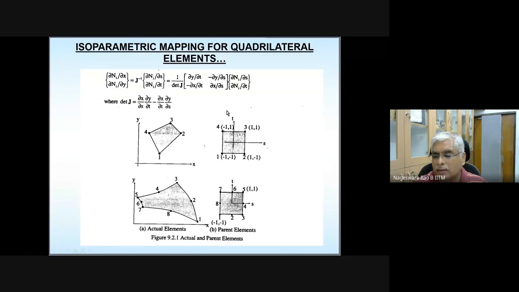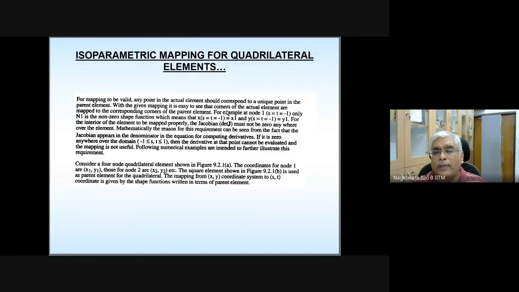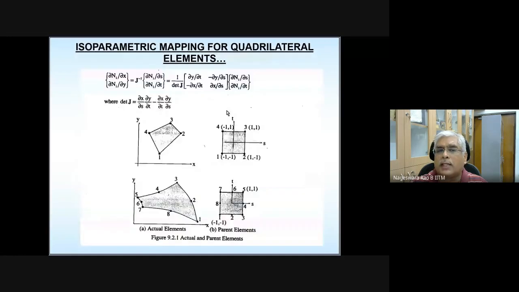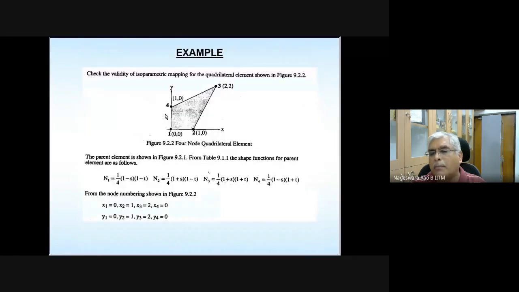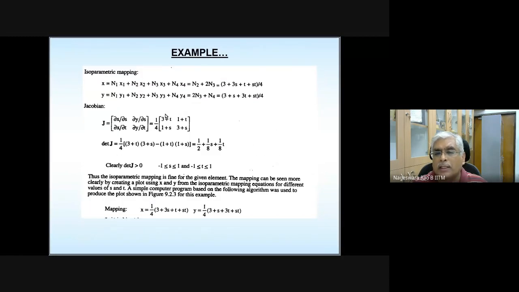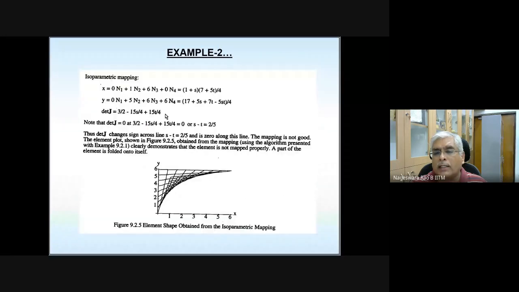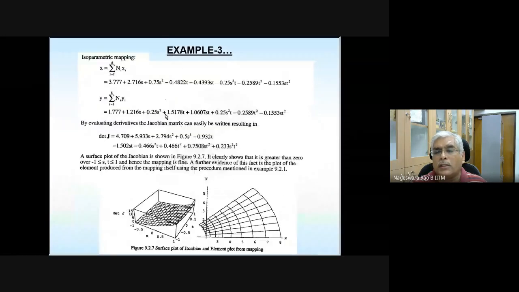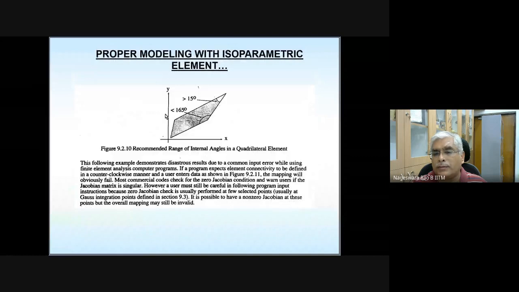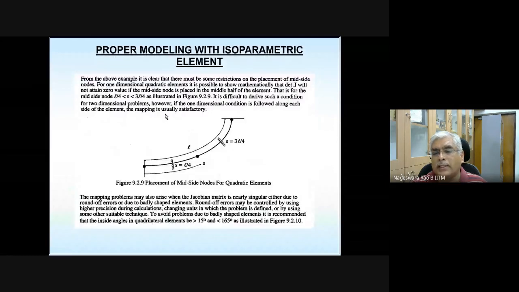Before we stop, we'll discuss this mapping validity in the next example, which we'll be covering in the next class, tomorrow's class. Before that, please make a note of these two conditions.